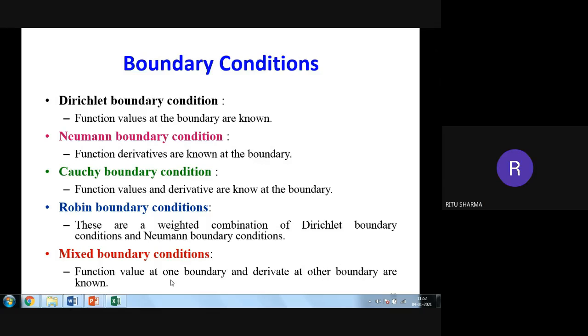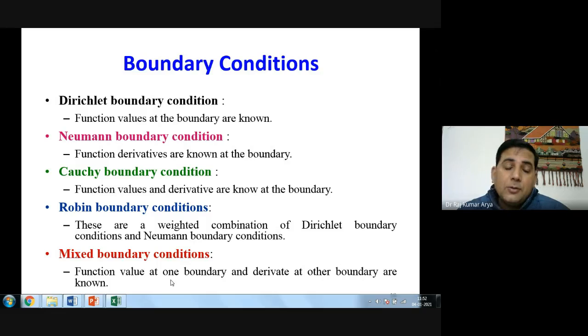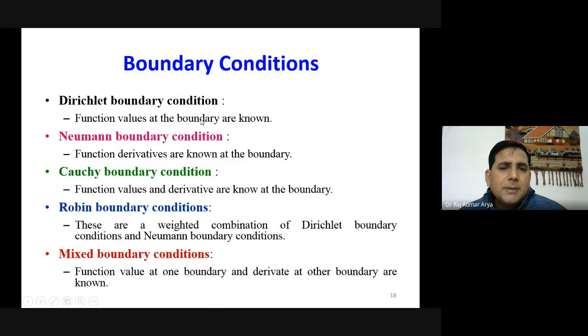Yes, sir. Most of the time it cannot be used, so you have to go by some other means to solve it. So that depends.